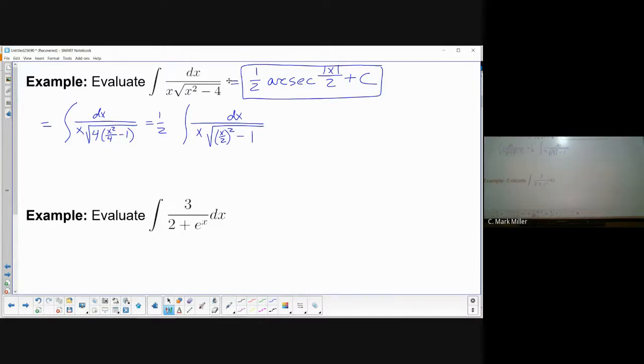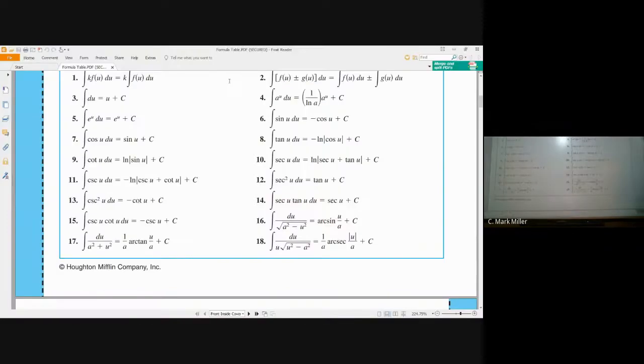Question. Is that in arcsecant form? Answer. Almost. Because notice for arcsecant, whatever it is I have squared, I need to have that outside the radical. So here I have an x over 2 squared.